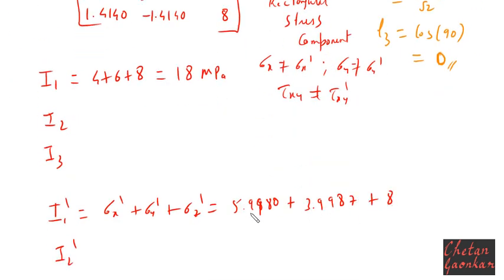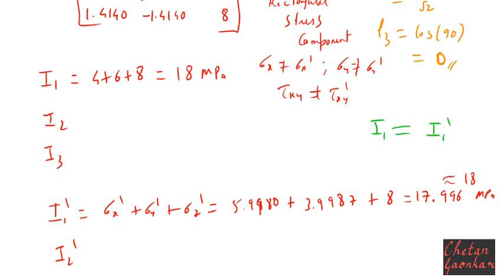So it is almost equal to 6 plus 4 plus 8, almost similar to this. So this will be equal to 17.996, which is approximately equal to 18 megapascals. So I got I1. What can I conclude from here? I can conclude that I1 is equal to I1 dash.